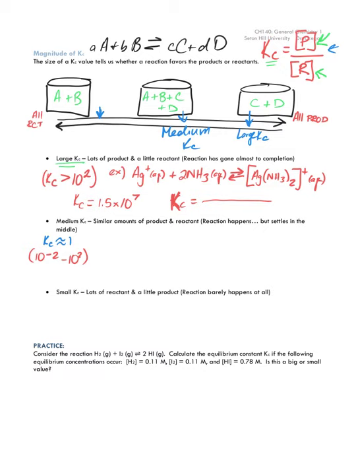An example of a reaction with a medium Kc is Fe3+ iron ion reacting with the thiocyanate ion and making FeSCN, and this is also a complex ion, and the charge would end up being 2+.